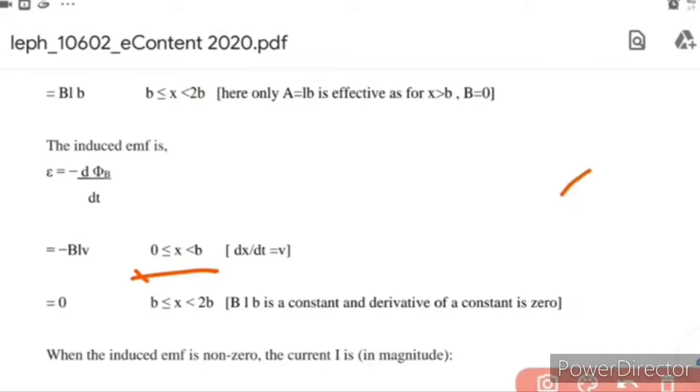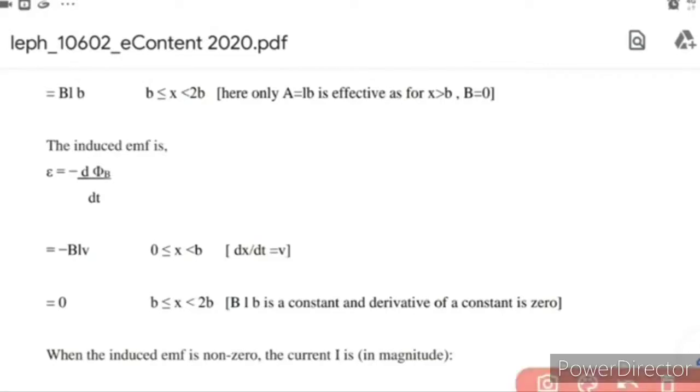So we have the expression for induced EMF as minus BLv, where v is equal to dx by dt. And from b to 2b, since the flux is BLb, the flux is constant, there is no change in flux, and hence the induced EMF will be equal to 0.